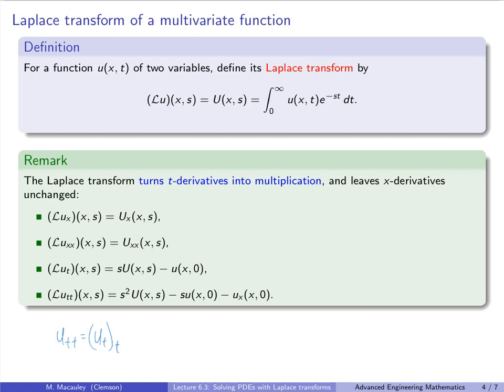So just use the previous formula with ut in place of u, and it'll fall right out. So the Laplace transform of utt is s squared times the Laplace transform of u, and then we have to subtract off the initial conditions: s times u of x, 0 minus ut of x, 0.